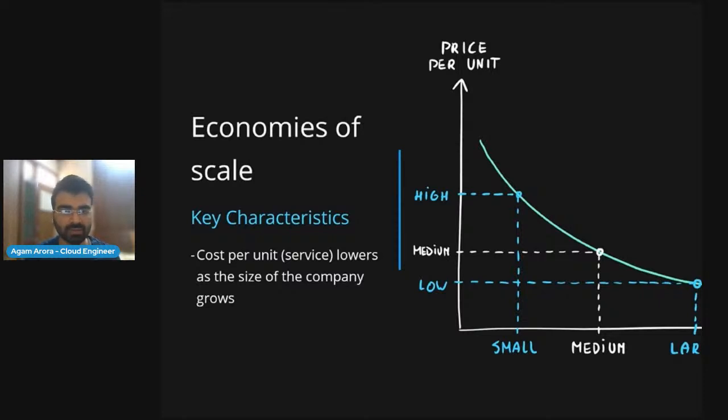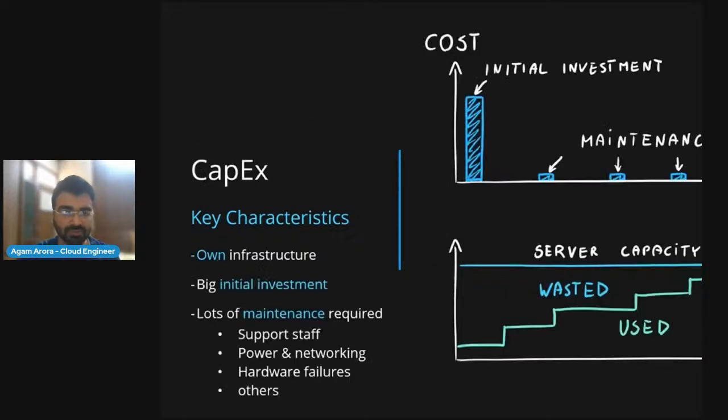So the price per unit becomes quite low, which is then reflected back to the customers. The customers pay a much cheaper price as compared to what they did on premises. So the cost per unit is lower if we use cloud computing resources. That is the reason.